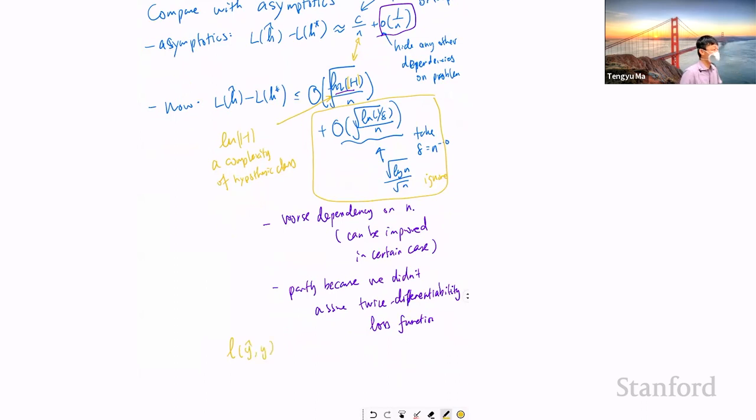You take in the prediction and the real label, and you output a scalar. The question is whether this function is differentiable with respect to y and y hat. We didn't assume that here, but implicitly you were assuming it in the previous asymptotic analysis, because there we assumed the whole loss function, even when composed with the model, has to be differentiable.